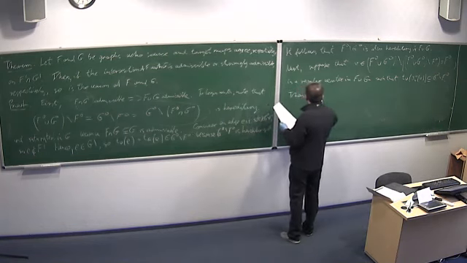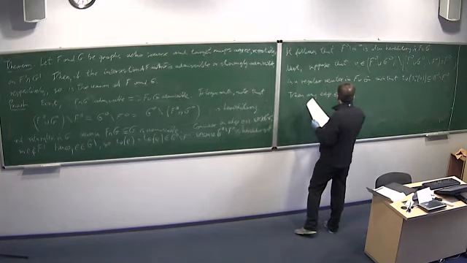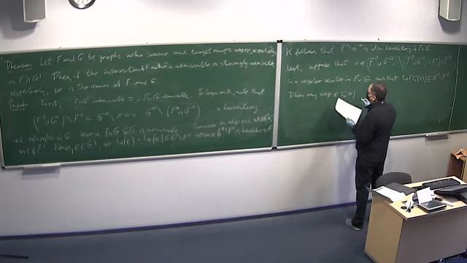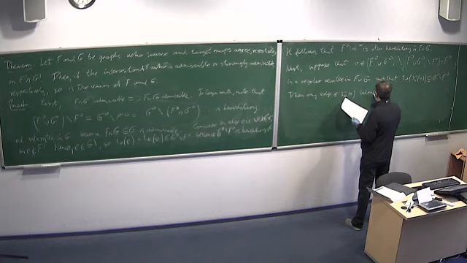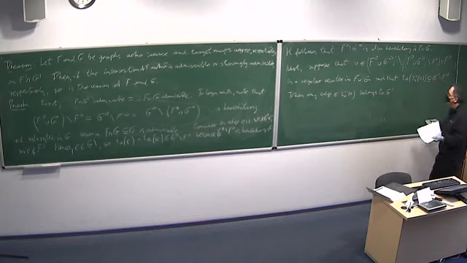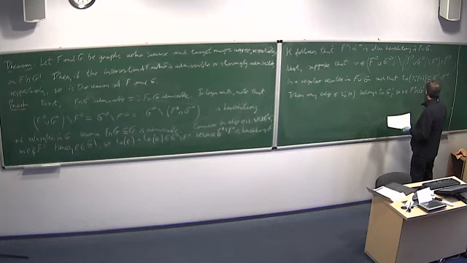Then any edge emitted from V belongs to G1. And because it belongs to G1, it must start in G0. But we already assumed that V is in F0. So it is in F0 intersect G0.